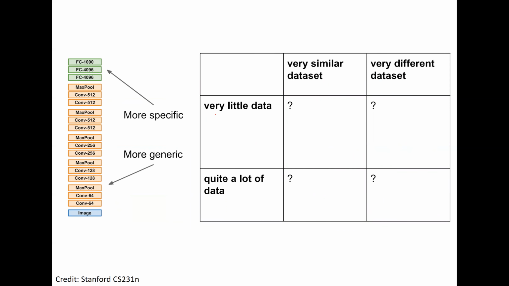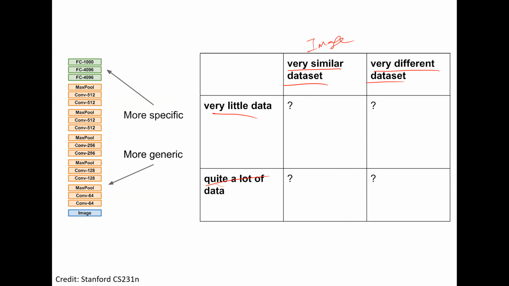And when you have very little data and your data set is quite similar to that of ImageNet, then what should you do? And what if your data set is very different from ImageNet? And in another direction, what if you have quite a lot of data?